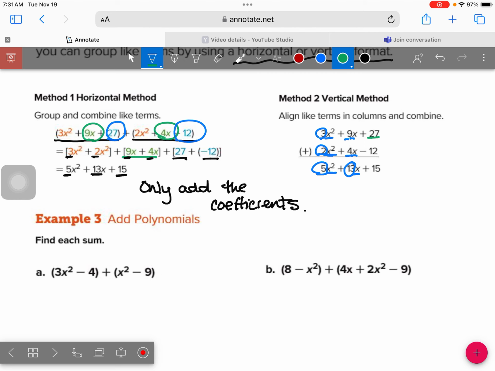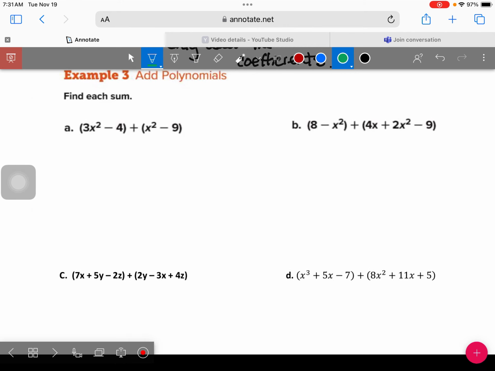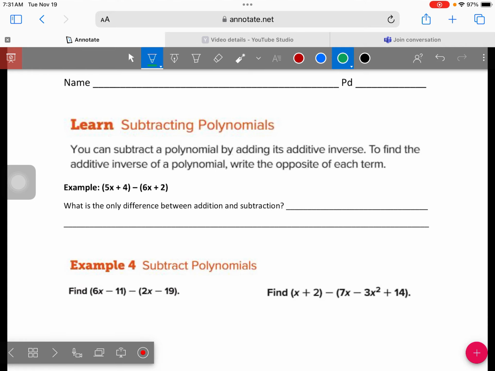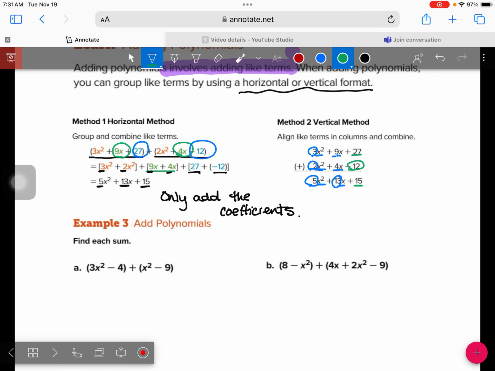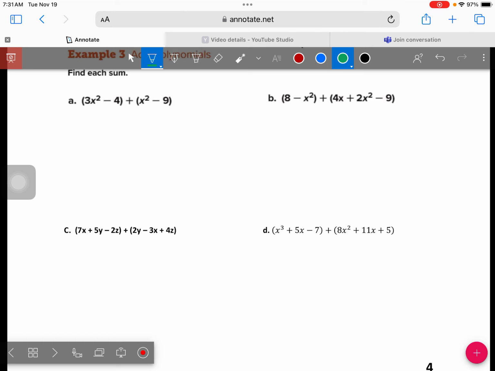And finally, 27 and negative 12 gives you 15. Okay? So I'm kind of going to go with a little of each to see which you prefer, if you prefer doing it horizontally or vertically.